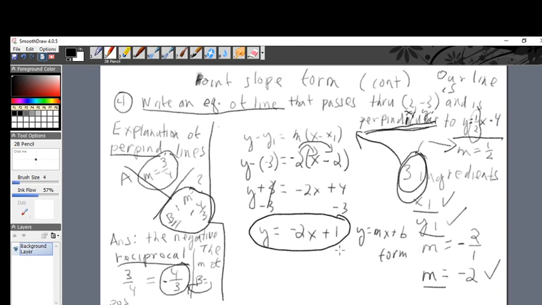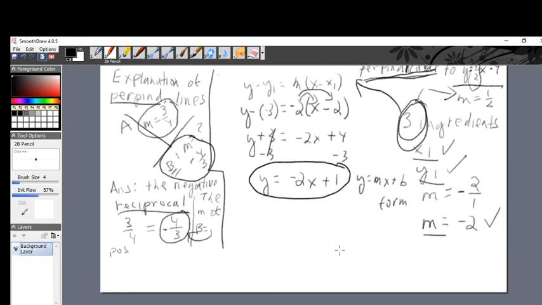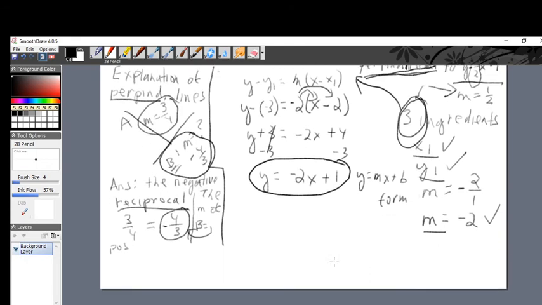Now, we need to know one more thing. There's something called the standard form of the line. The standard form of the line is x and then y, then equals, then the number.